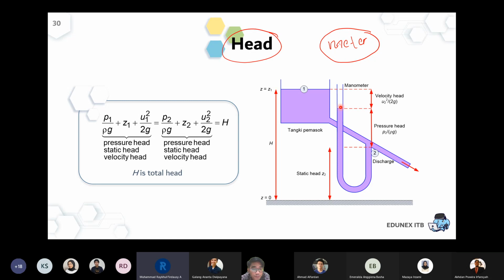Okay, and then from this type of arrangement, basically you can analyze using the Bernoulli equation. So at this point, Z equals Z1. At this point, Z will equal Z2.